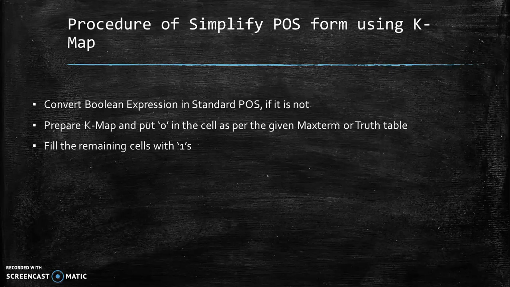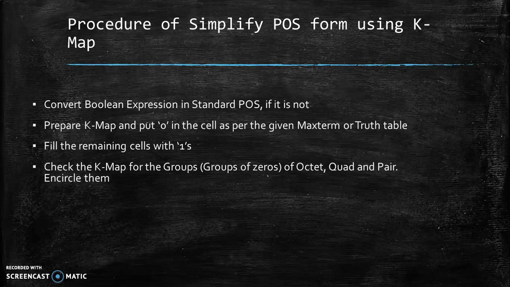This is the difference between SOP and POS type of Boolean function. In SOP Boolean function, we have minterms and we represent minterms with ones in the K-map, while in POS type of Boolean function we have max terms and we represent max terms with zeros in the K-map.